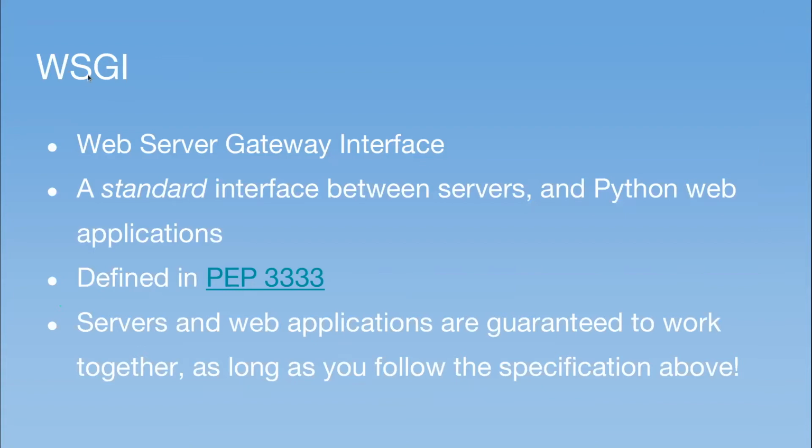So WSGI stands for the Web Server Gateway Interface, and it's a standard interface between servers and Python web applications. The interface is defined in PEP 3333. And what this all basically means is that servers and web applications are guaranteed to work together as long as you follow the specification here.